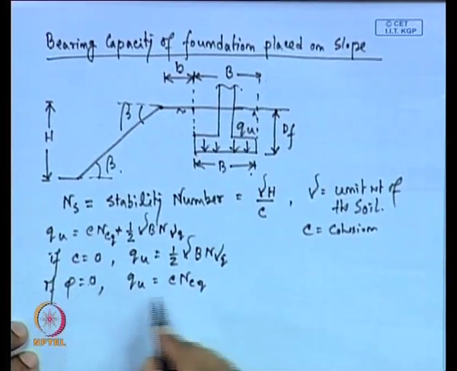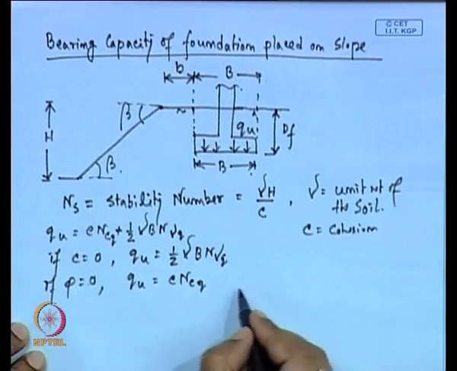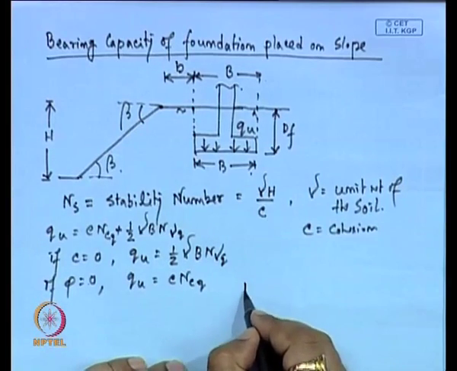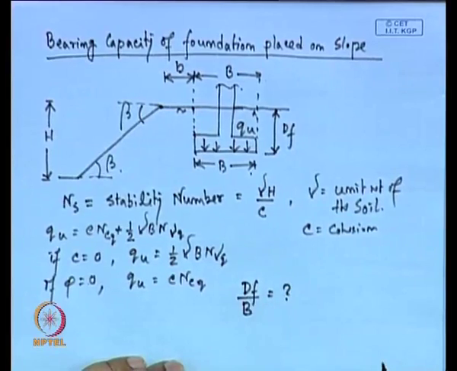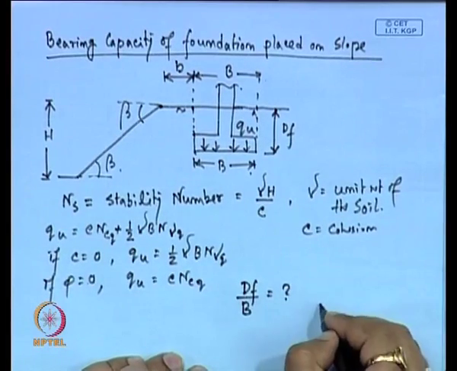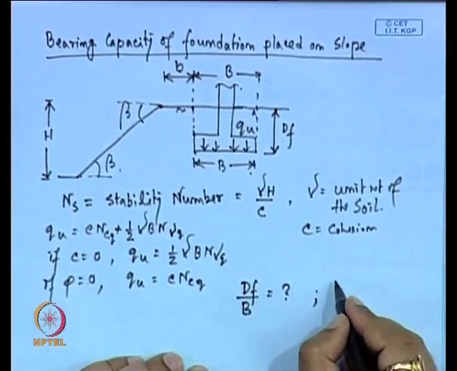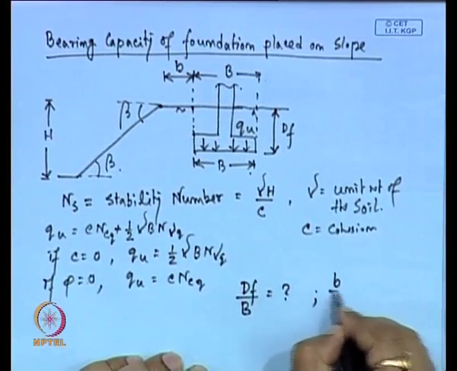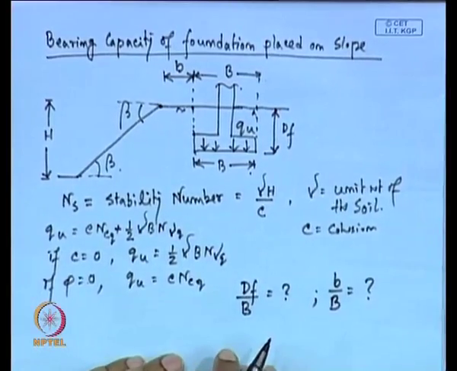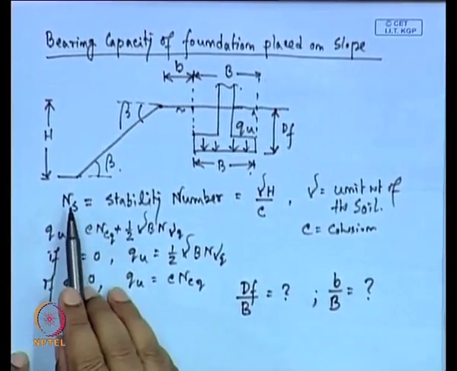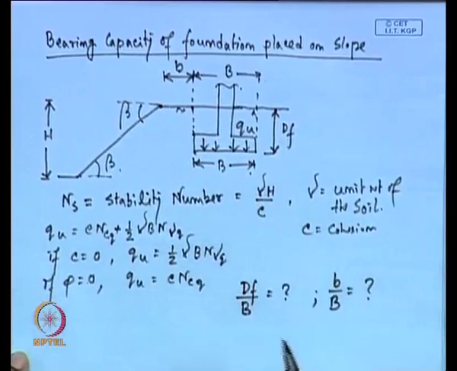Now, for this calculation we have to calculate different parameters. DF divided by B is one ratio that we have to calculate, and another one is small b divided by capital B. We also calculate the stability number, and we should know the value of phi.